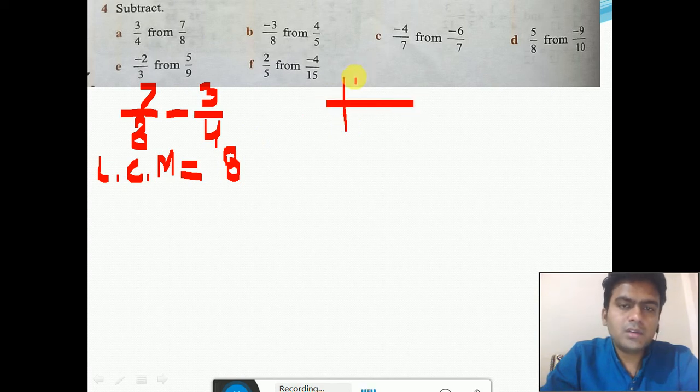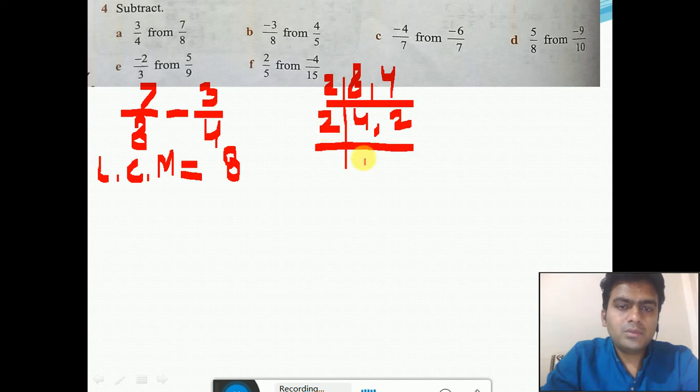If one number is a multiple of another number, then the LCM is the bigger number, or you can find it by this method also. You can write 8 comma 4. Now 8 and 4 both can be divisible by 2, so 2 4s are 8, 2 2s are 4. Now again we can divide by 2, 2 2s are 4 and 2 1s are 2.